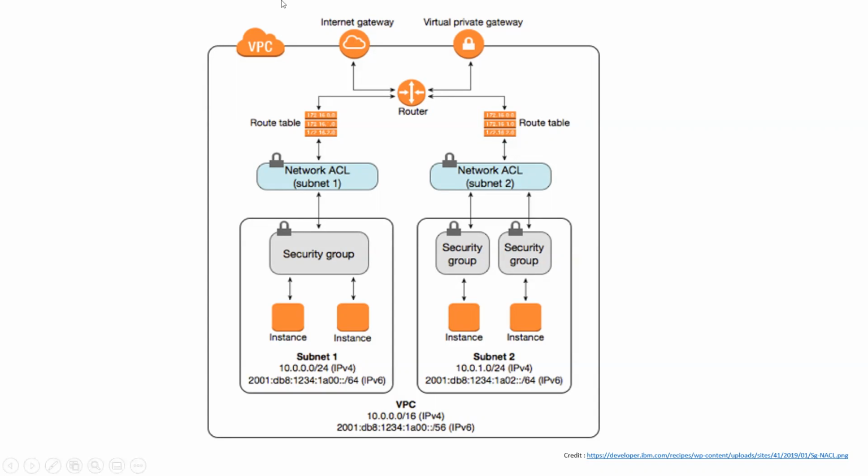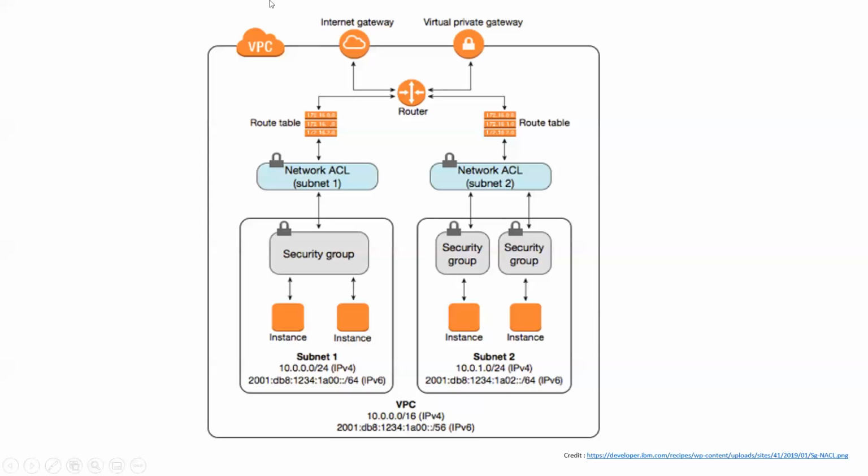So let's say you are outside somewhere here, a client, trying to access the web server somewhere in this subnet. Traffic comes to the internet gateway, or through the virtual private gateway if you don't have an internet connection.